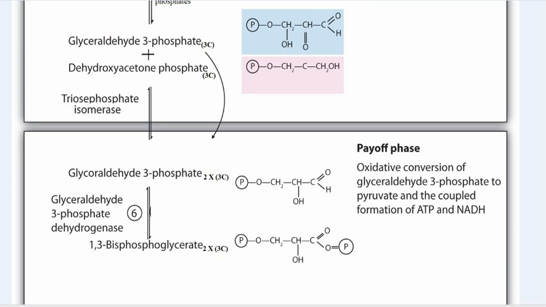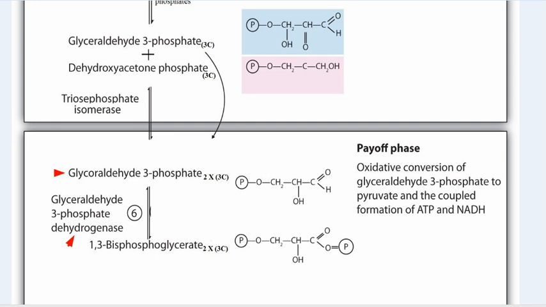So now let's move towards step number 6. We have with us glyceraldehyde 3-phosphate. By the word dehydrogenase enzyme, we are making dehydrogenation. D means delete, delete of hydrogen. Hydrogen is going to be removed.